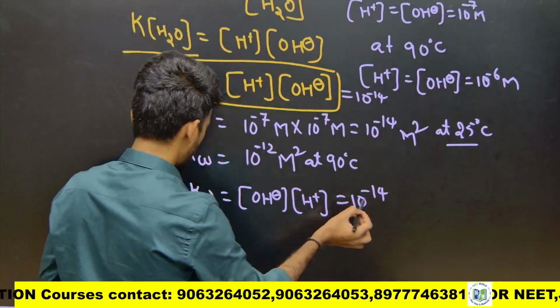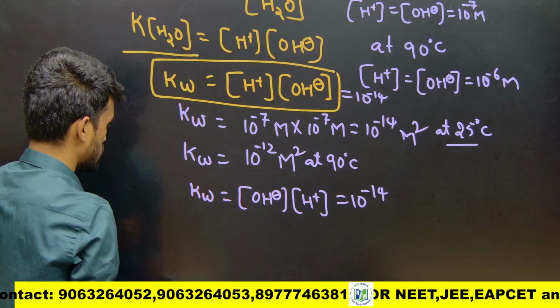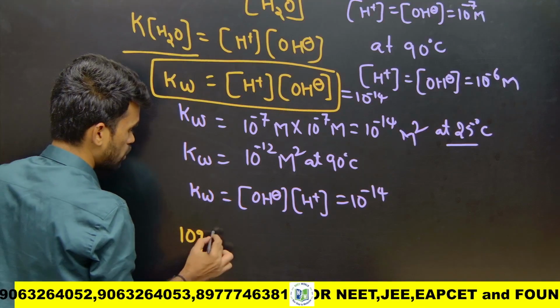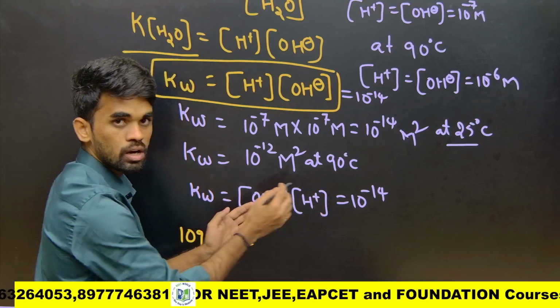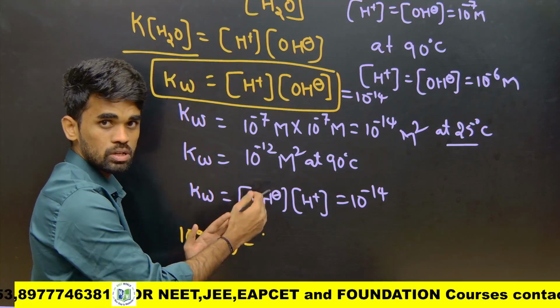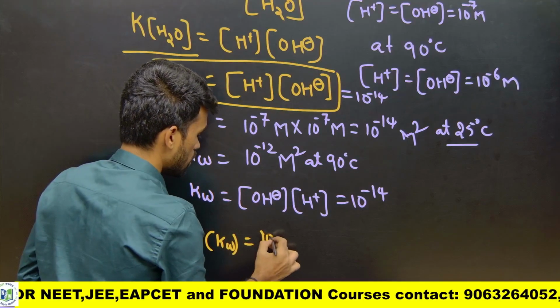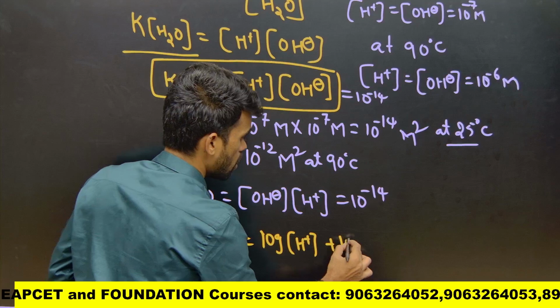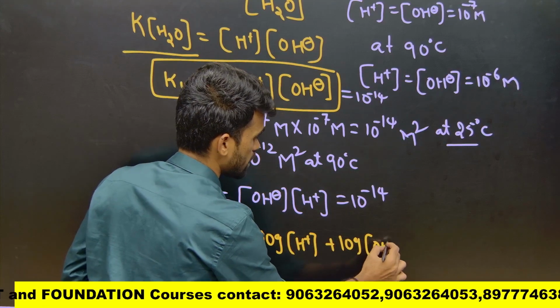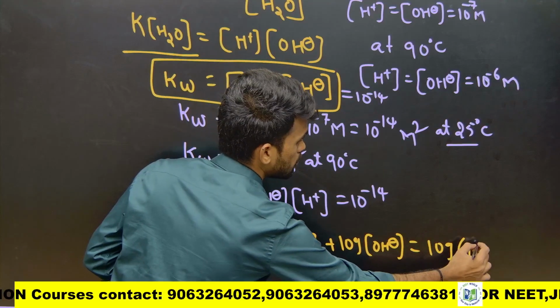Now apply log onto this complete equation. So log Kw, which equals log of A into B. We can write log A plus log B, right? So log of concentration of H plus ion plus log of concentration of OH minus ion equals log of 10 power minus 14.